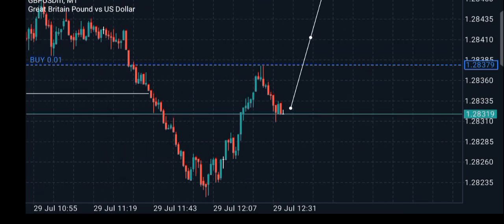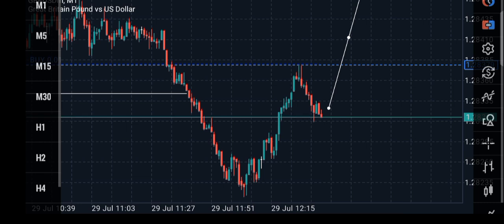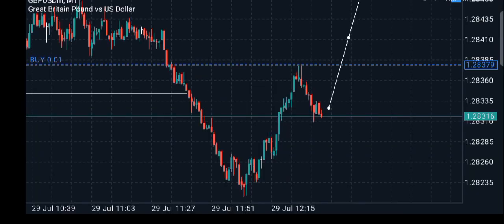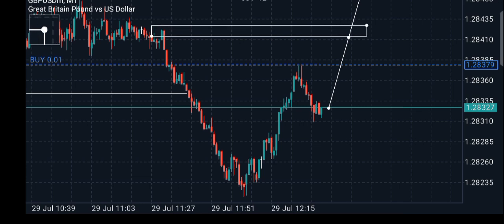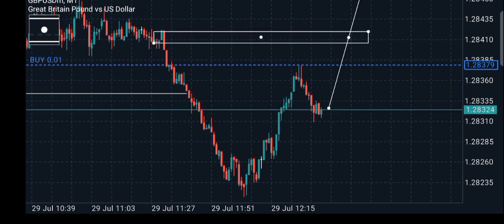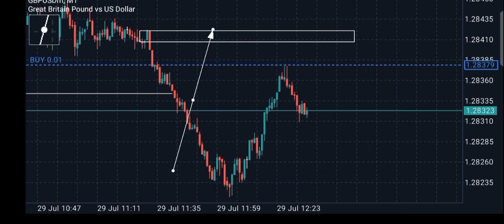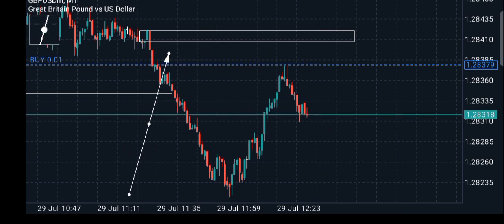Now look at what we have here on the 1 minute time frame. We have another block here. This is another block. This particular place is a fair value gap, an FVG.